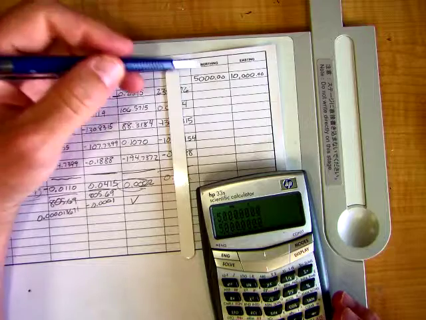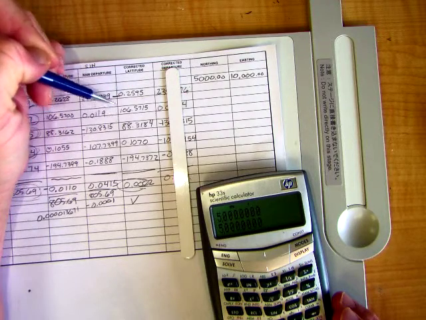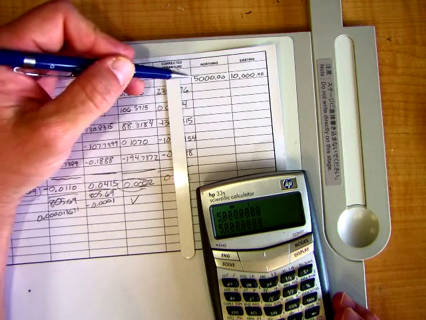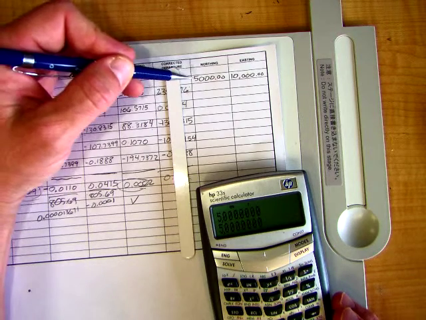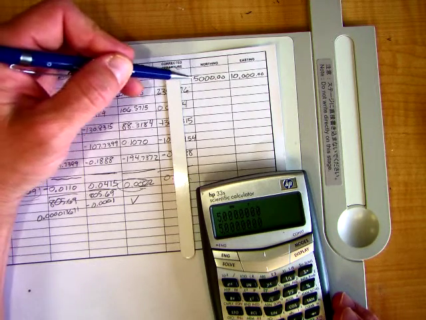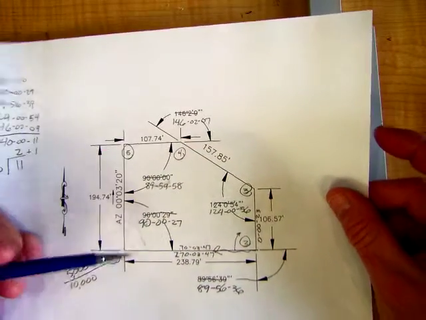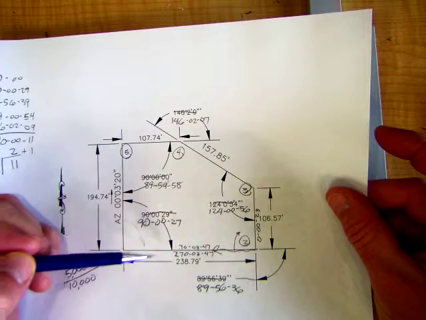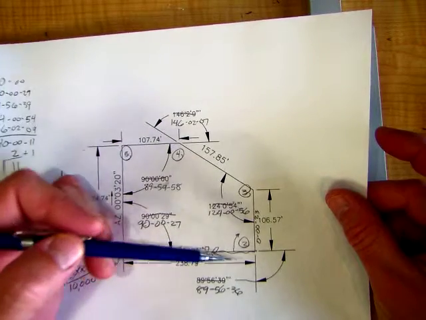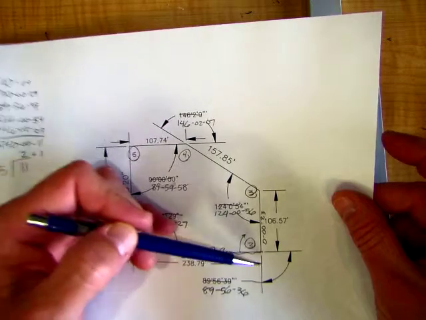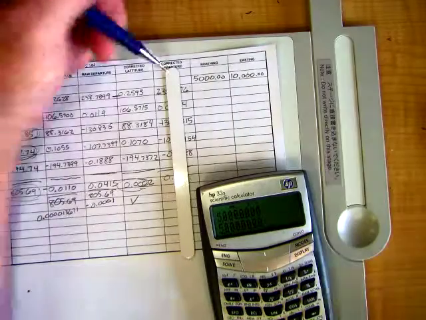I'm going to add or subtract, whichever the case may be, our corrected latitude to my initial coordinate. So if you look from point 1, since we went on a 90°03'47" bearing or azimuth, we went slightly south. So from 5,000, we're going to go slightly south.